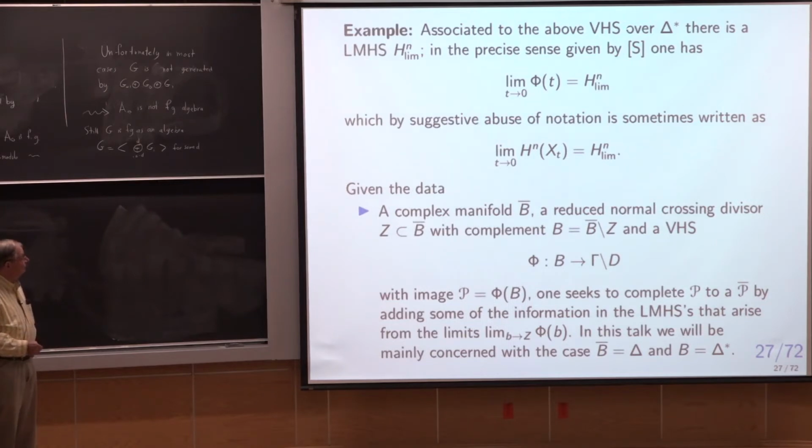Associated then to a family of Hodge structures over the punctured disk, there's a limiting mixed Hodge structure. And the limiting mixed Hodge structure is the thing that was defined before. The weight filtration comes out of monodromy, and the limiting Hodge filtration comes out of analysis, really.